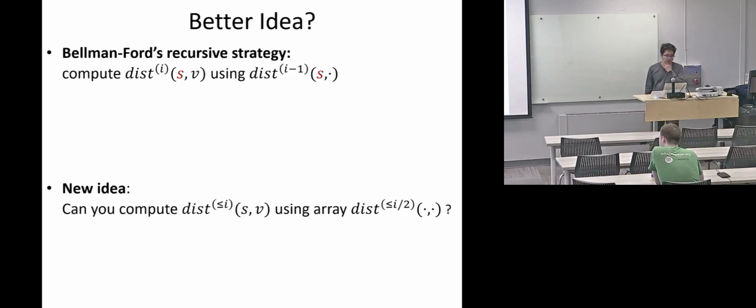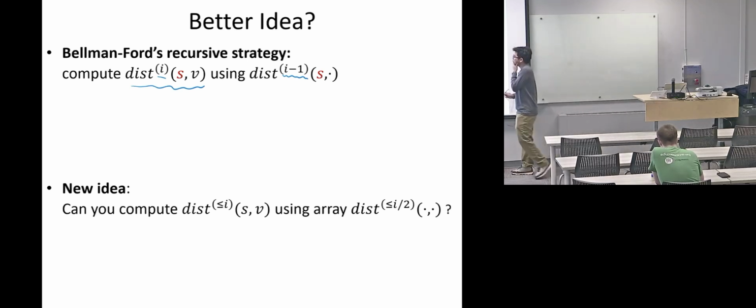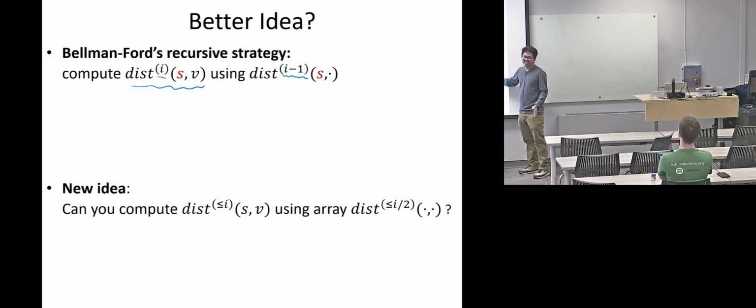And so here's a better idea. In the recursive strategy of Bellman-Ford, you see that we try to compute the i-hop distance using the i minus 1 hop distance. Now the new idea is this: can I actually compute the at most i hop distance based on the at most i over 2 hop distance?